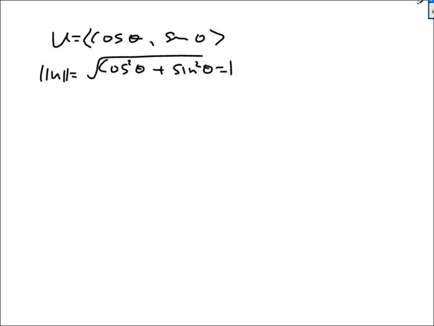The length of this u is 1. Okay, which is good. So you should know that so you don't spend any time figuring it out. Cosine squared plus sine squared is 1. I take the square root of 1, but it's still 1.